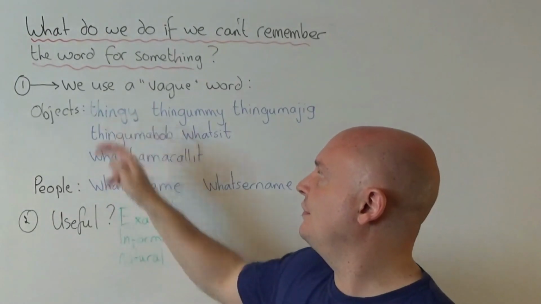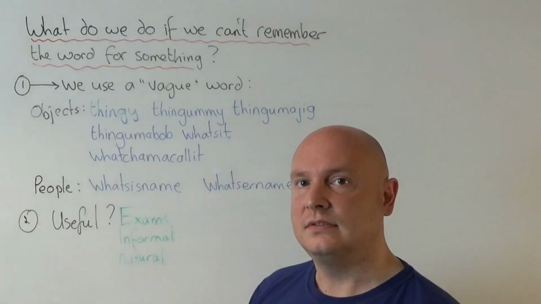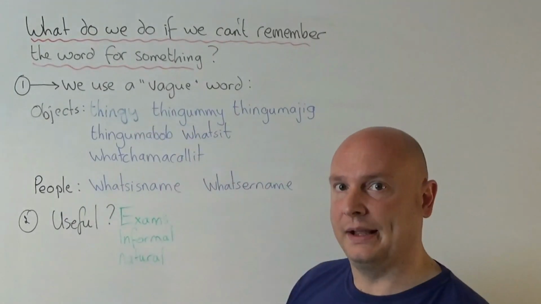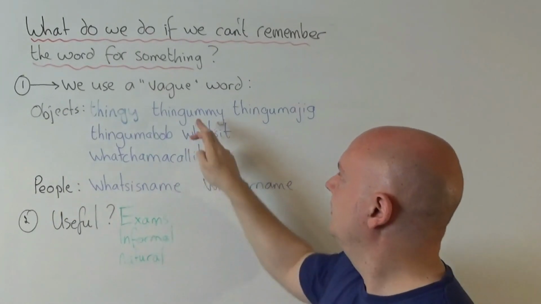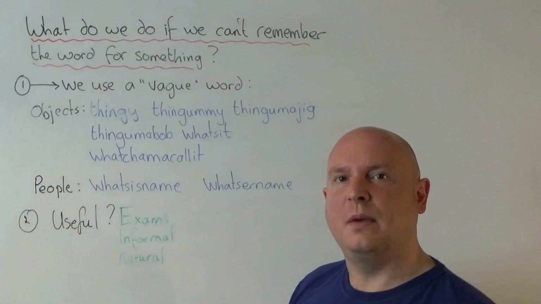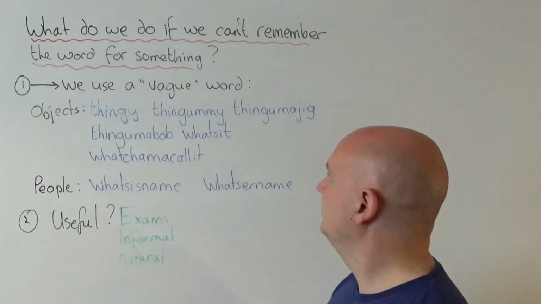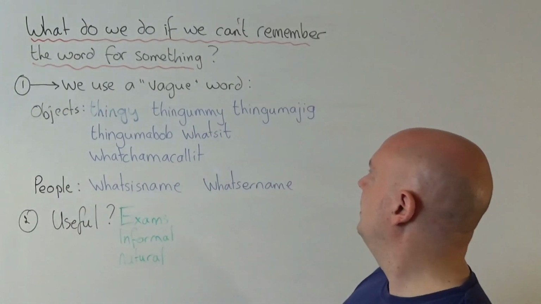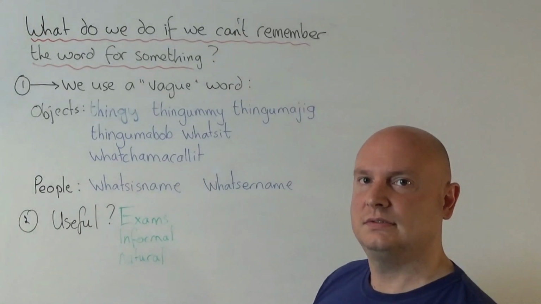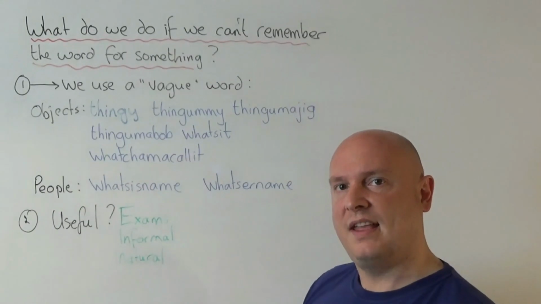So I'm going to say the first one, thingy. Like from thing, like that thing. Next one, thingamy. Next one, thingamajig. I'll do it a bit slower so you can hear it.